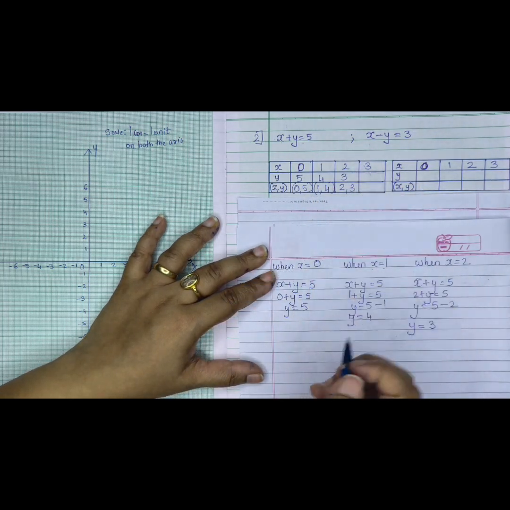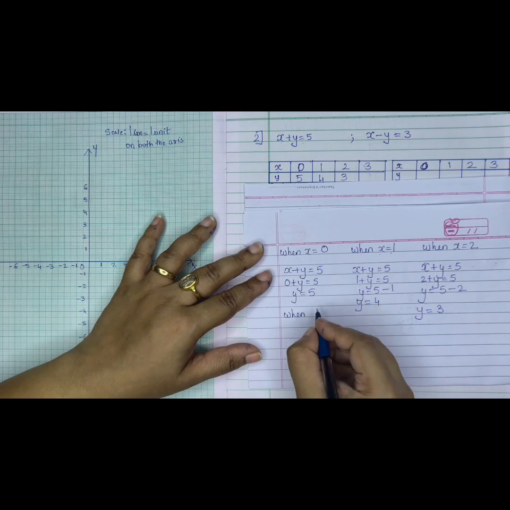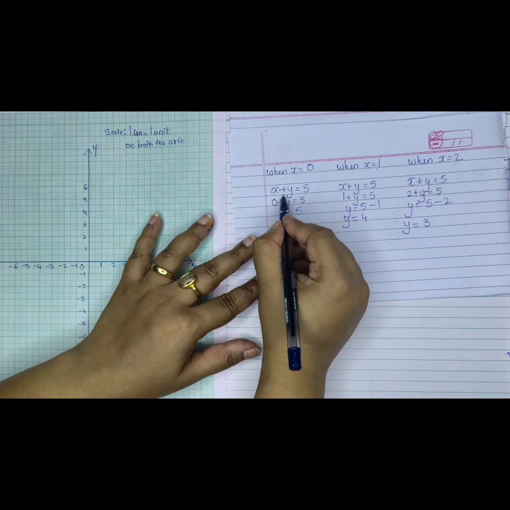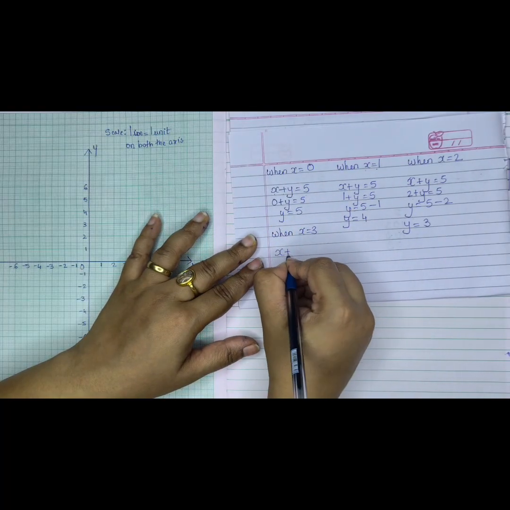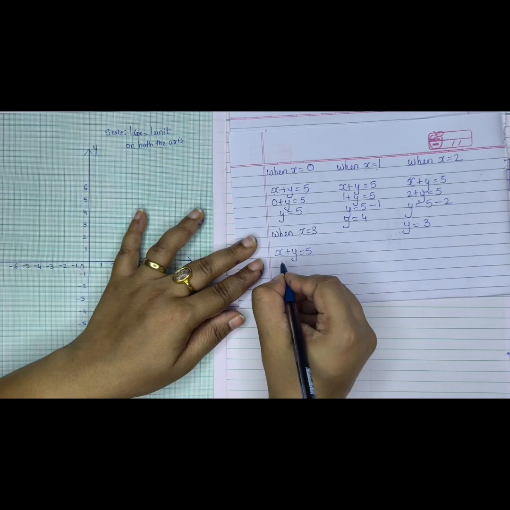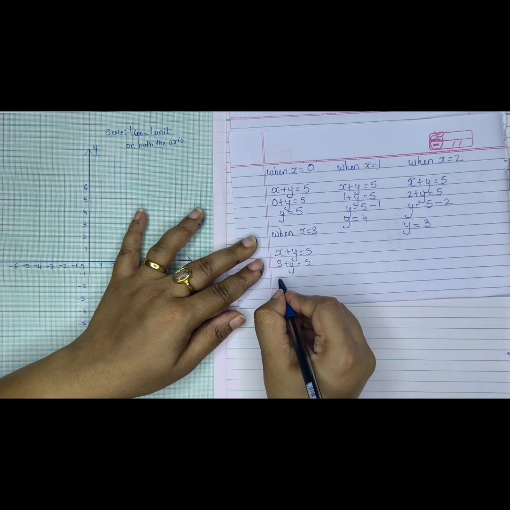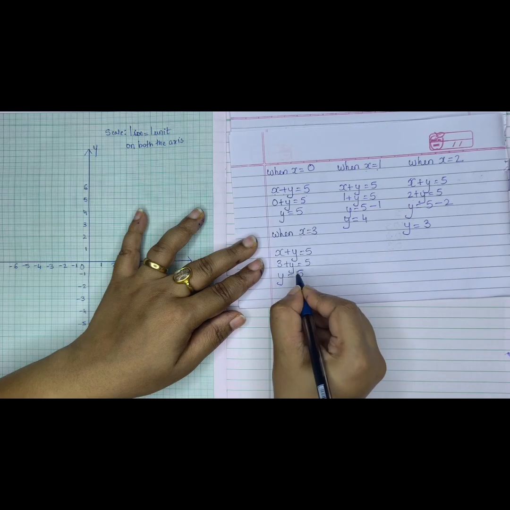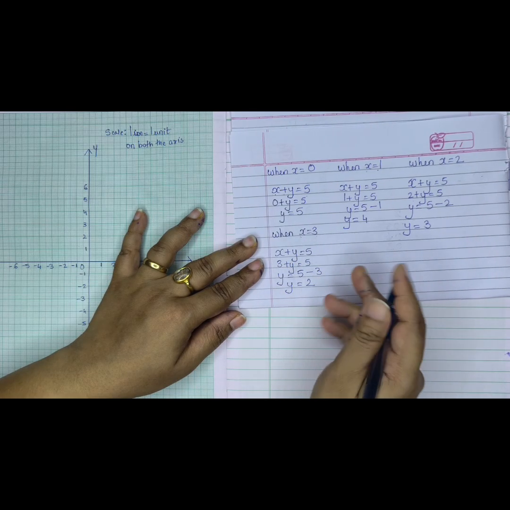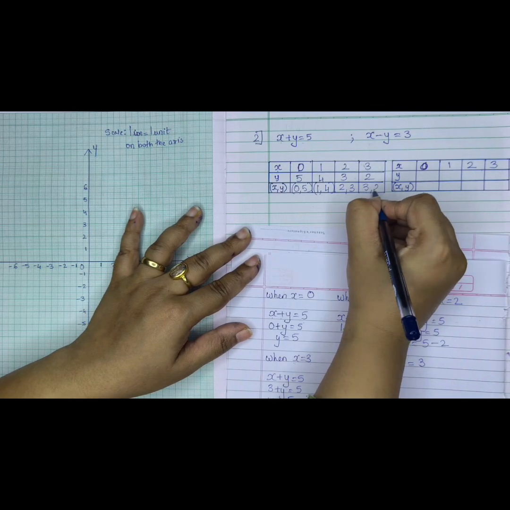Now when x is equal to 3, write down the same equation, x plus y is equal to 5. In place of x we take 3, so 3 plus y is equal to 5. Now y is equal to 5, 3 gets here, minus 3. So y is equal to 2. Here we get 3 and 2.